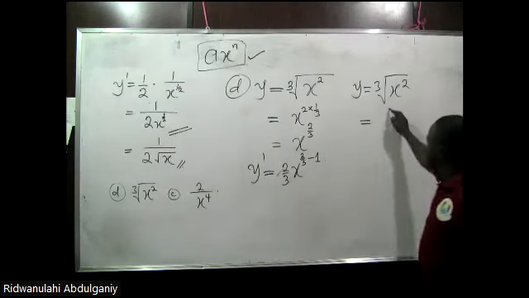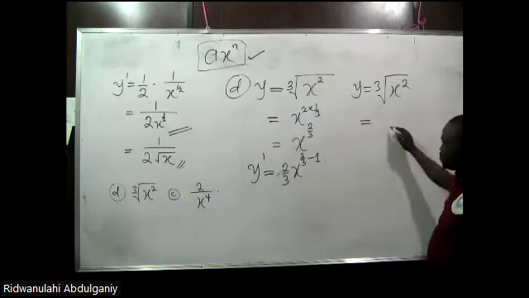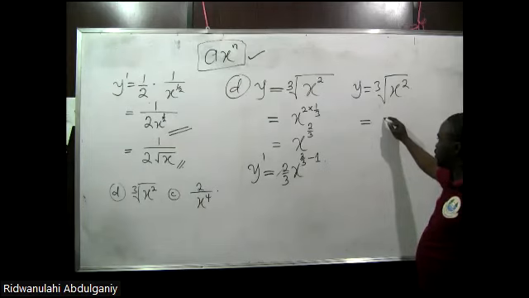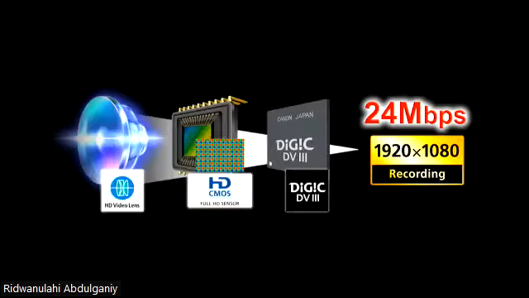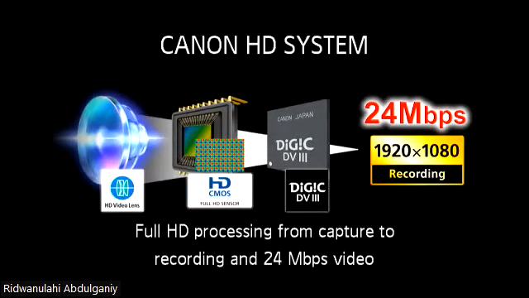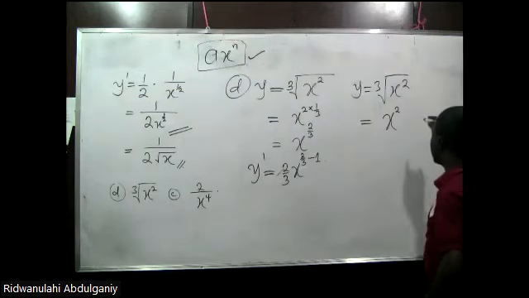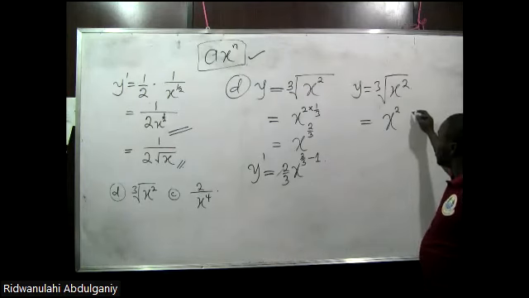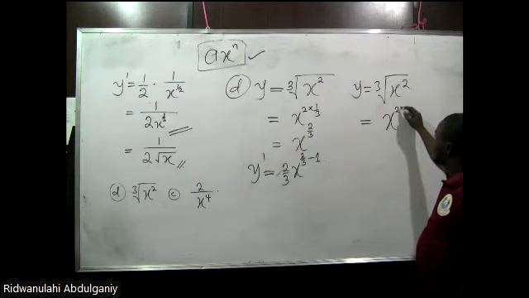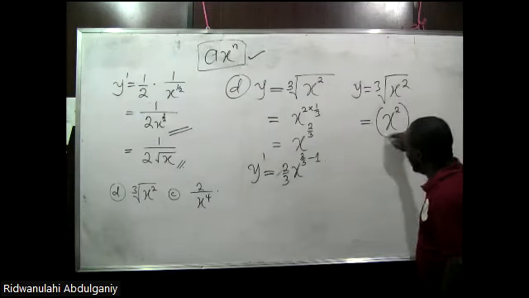I need the law of indices. How can I write this? From law of indices it will be x raised to power 2 over. I didn't understand, sir. Okay, the law of indices.